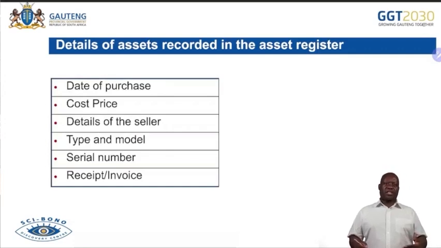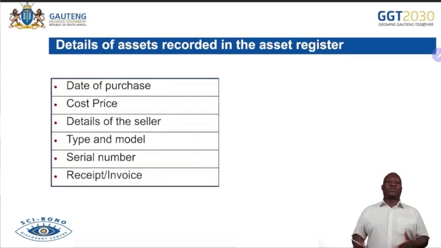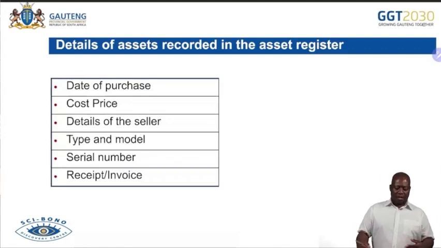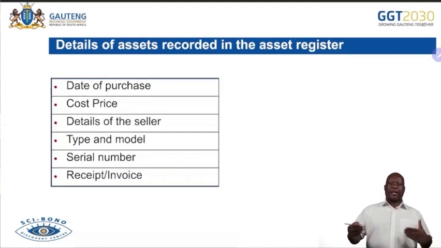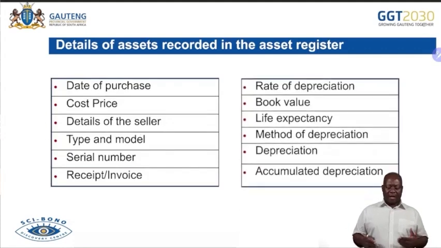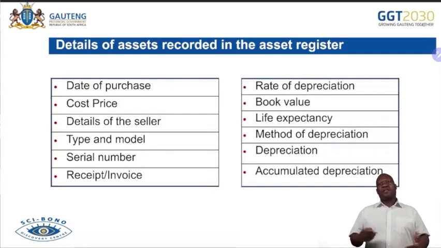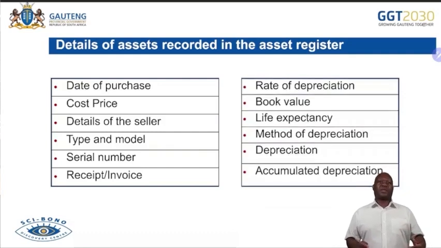We expect to see the date on which the asset has been purchased. What was the cost price when it was purchased? We need to know who sold it to us, the dealer who gave us this asset, the type, the model, the serial number, the receipt or invoice number, the rate of depreciation on this asset, its book value, life expectancy, that is the lifespan, the method that we are going to be using for depreciation annually, as well as the accumulated depreciation.